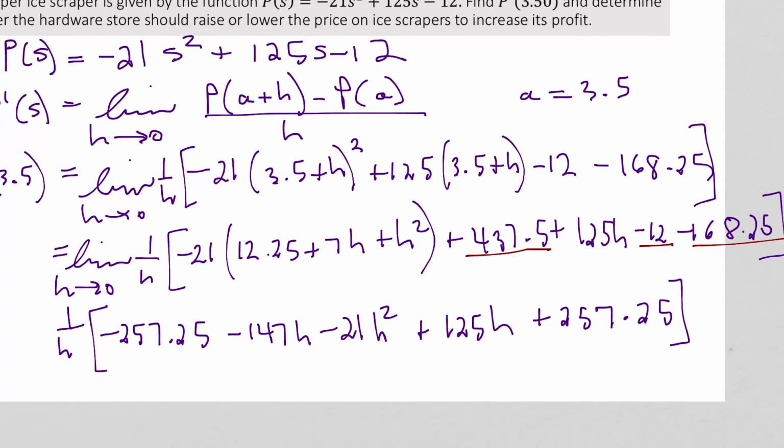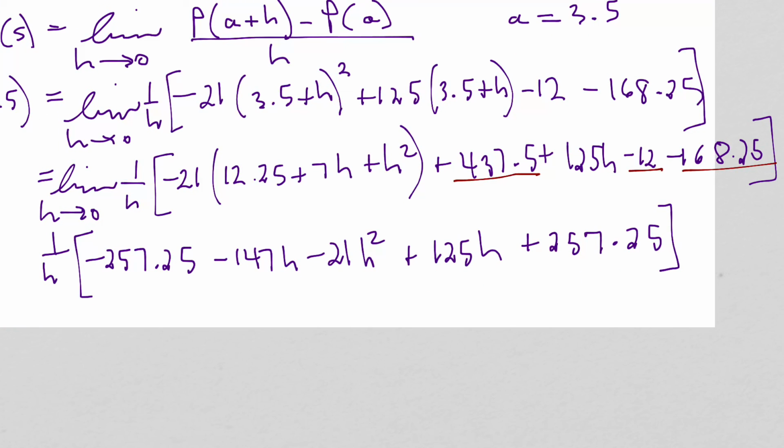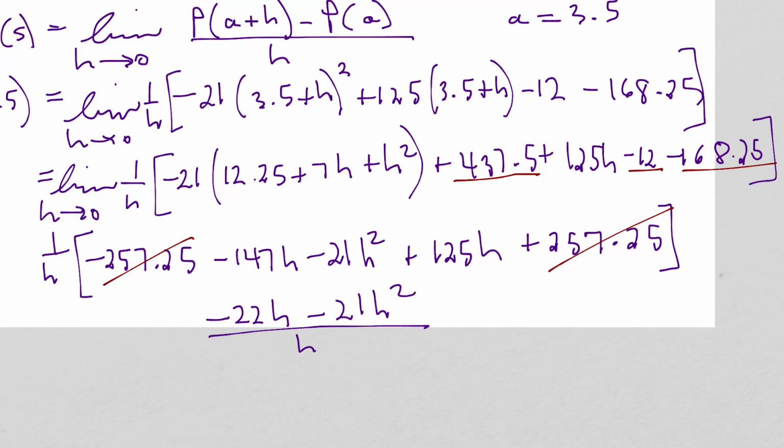Alright, so now let's see what cancels. So this is going to cancel. And then I've got negative 147 plus 125h. So that's negative 22h minus 21h squared. And then I've got my h on the bottom there, which now I can cancel.